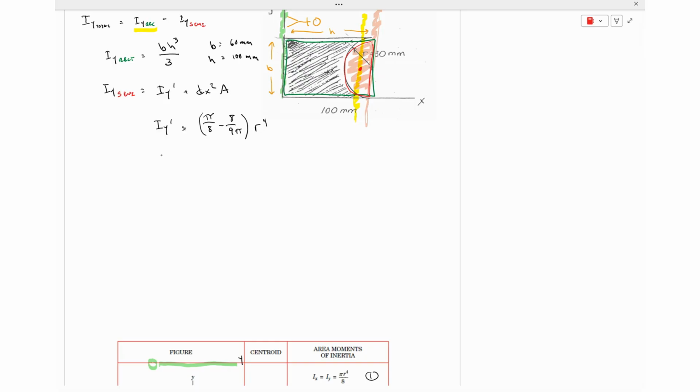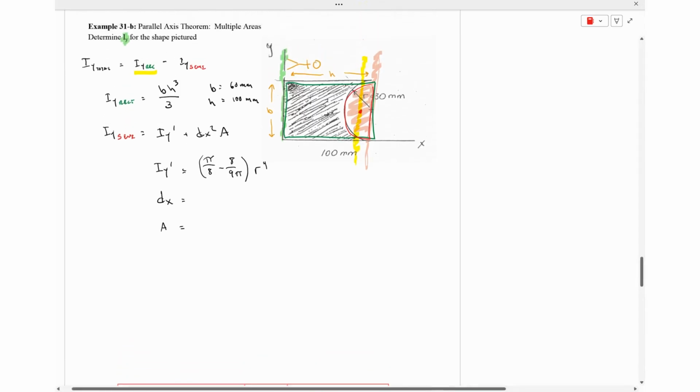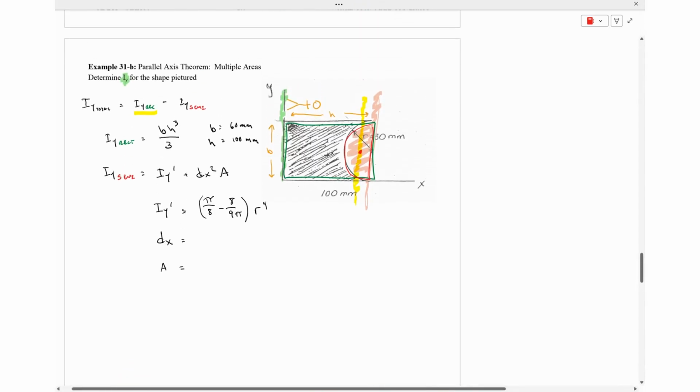And then what we need to do is find out, okay, what's dx and what is our area? Let's look at dx next. Dx is the distance from the base that we care about, that's the green axis, to the centroid. It's always to the centroid, and how far did we shift from there?